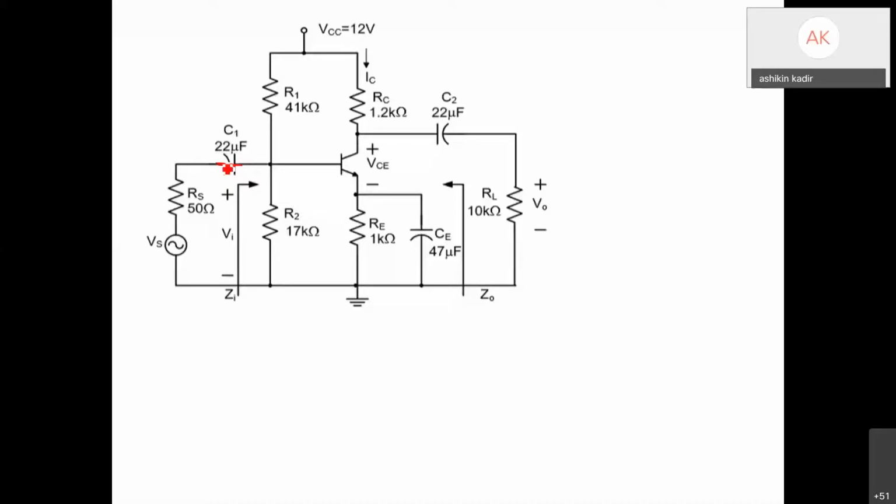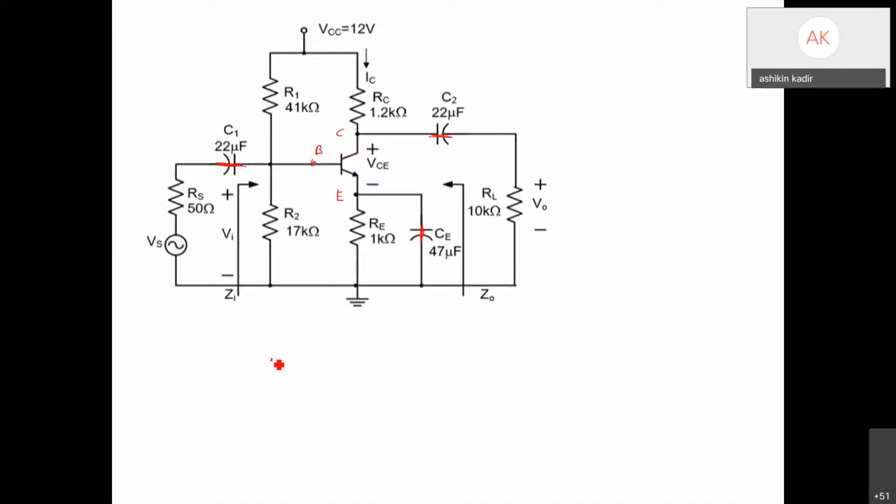C1, C2, CE is short circuit, right? And then you draw the collector, base, emitter. So here you have 3 terminals.